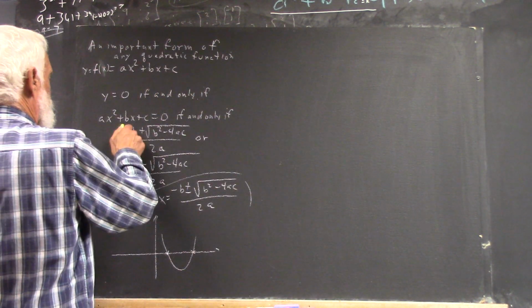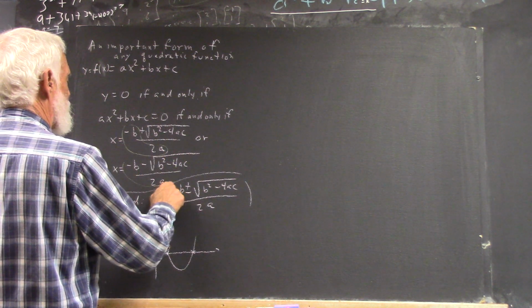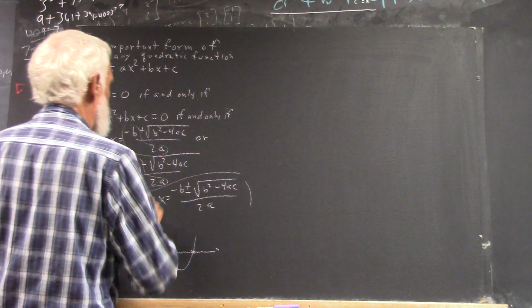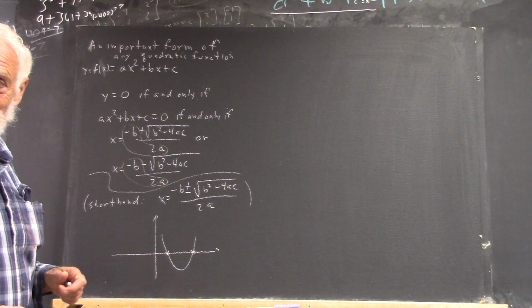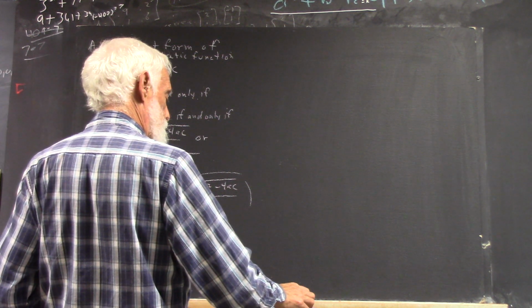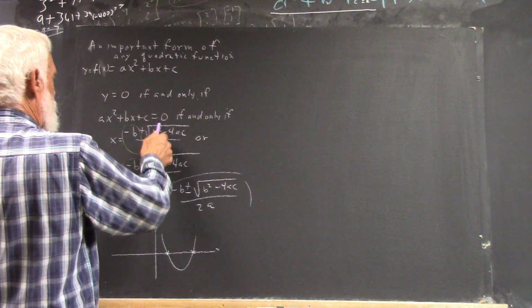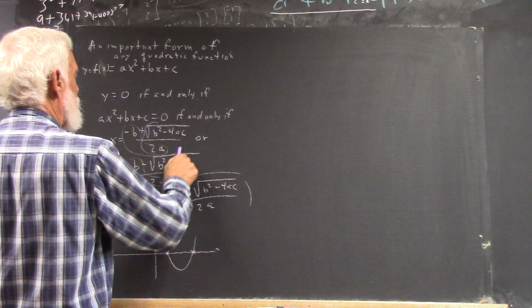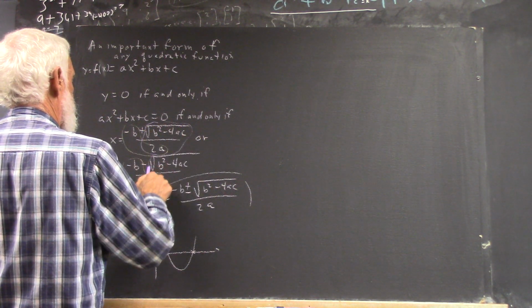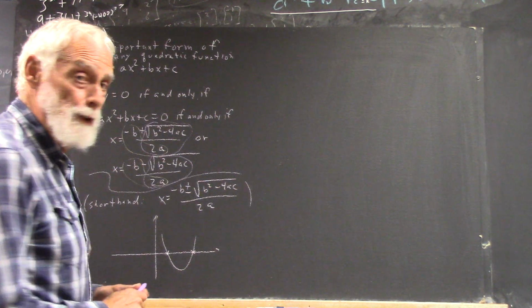you kind of want to focus on the fact that you have this, negative b over 2a, okay? And then it's plus, let's say this over 2a, right? Or minus this over 2a, okay?